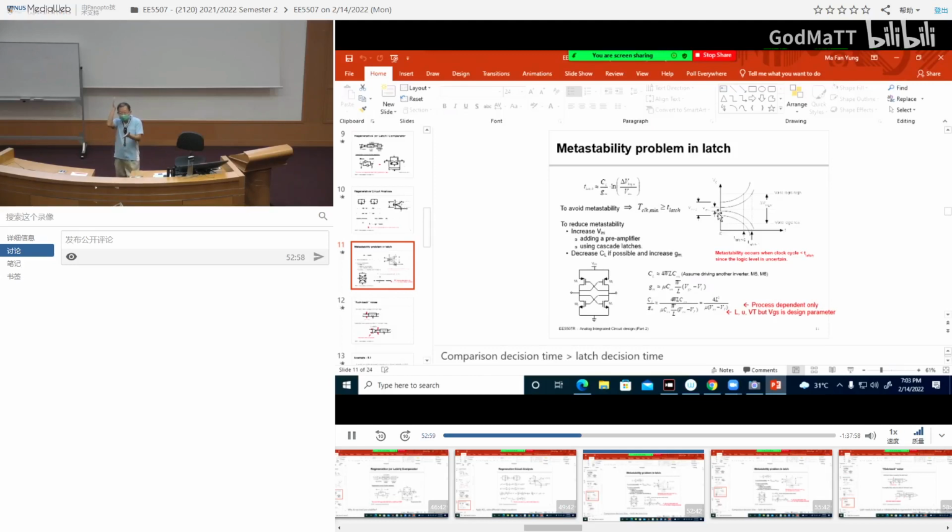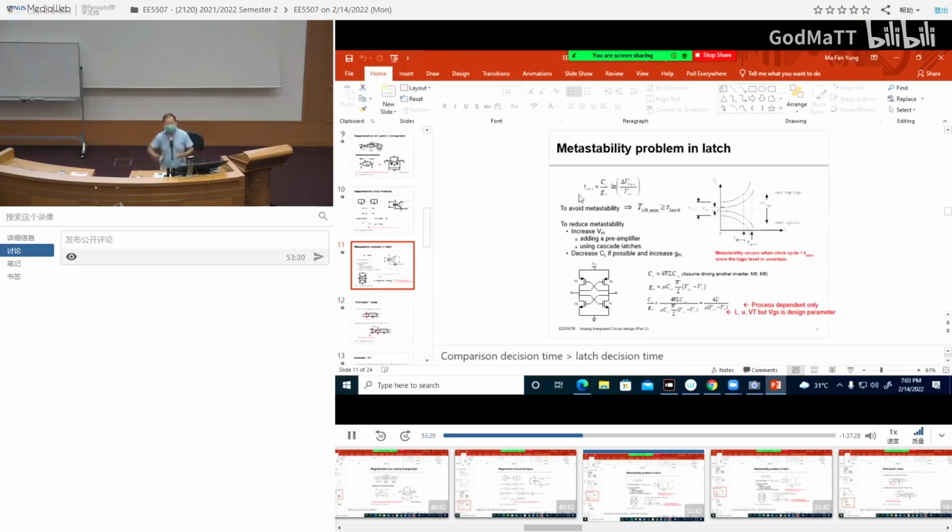That means after 100 nanoseconds, I look at the comparator output and I can't tell whether it's 0 or 1. That means I have a meta-stability problem, which means that the input to this regenerative comparator is too small, so it's taking too long for it to make a final decision. This is what I call meta-stability.